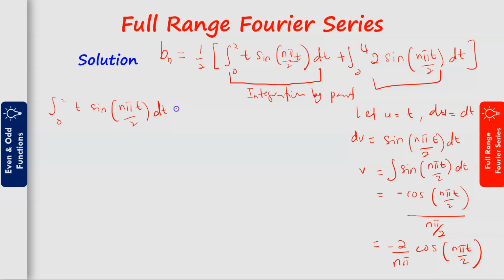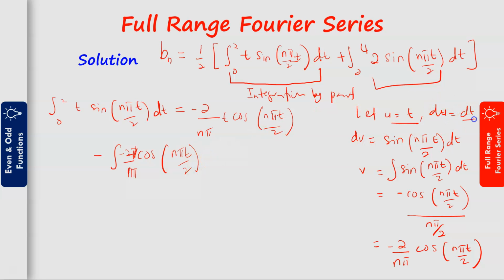So class, when we apply integration by parts to this function, the integration equals uv. This is our u and this is v, which means negative 2 over n pi t cos n pi t over 2. This is u times v. And then minus the integration of negative 2 over n pi cos n pi t over 2 du.